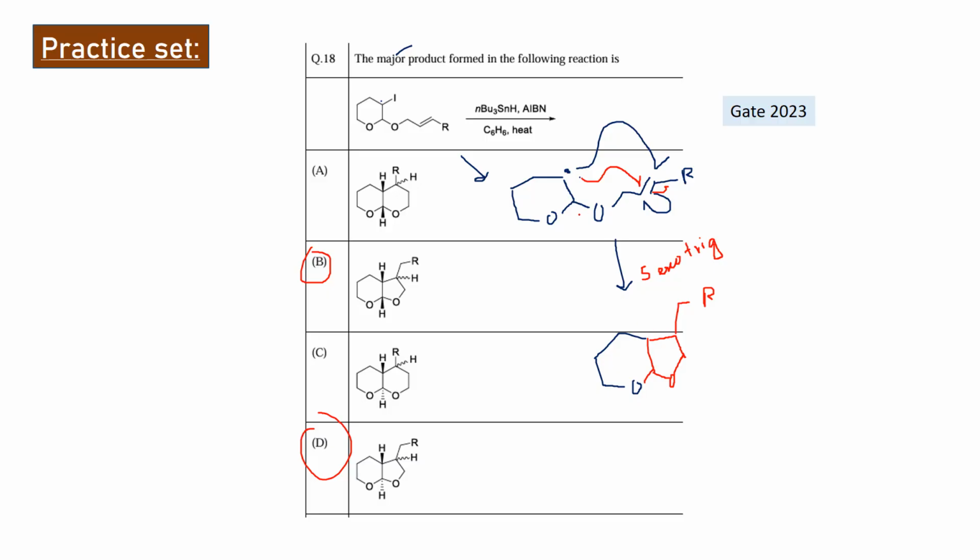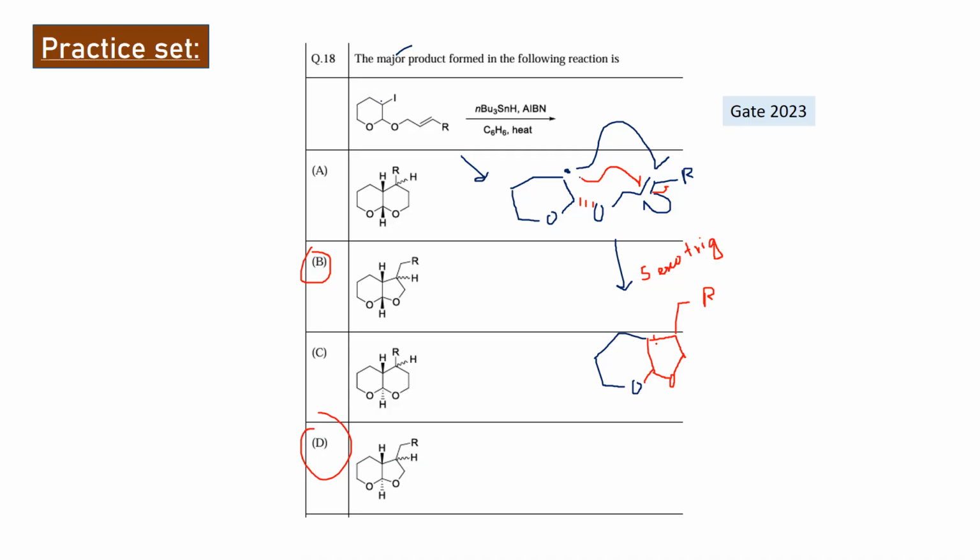So if this is above the plane, suppose this total thing is below the plane, it has to form this ring feasibly, so it has to approach from below the plane.